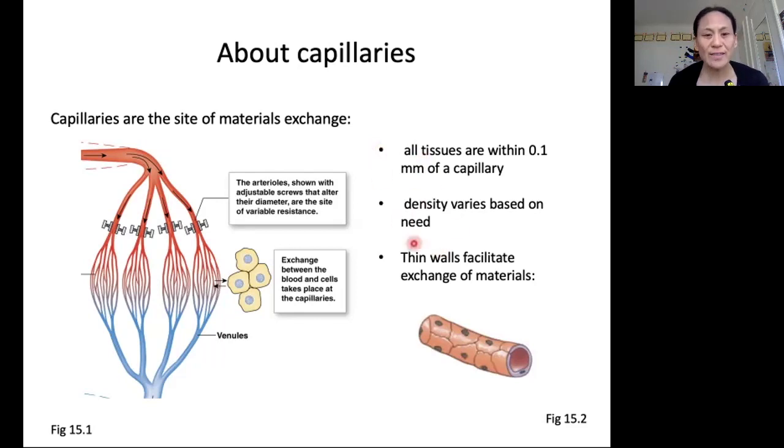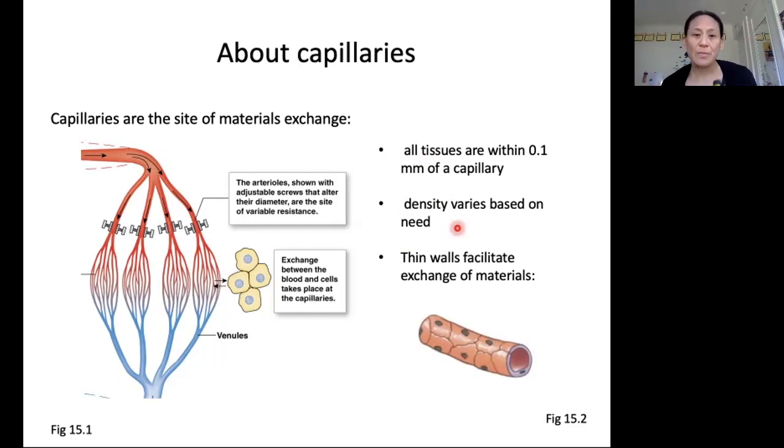I do want to mention that the density of capillaries varies in different parts of the body, depending on the parts of the body's needs for the various nutrients. A good example of this is when we were talking about fast twitch versus slow twitch fibers in the muscle.